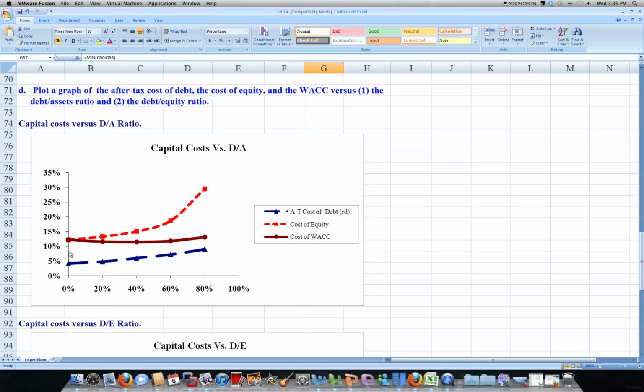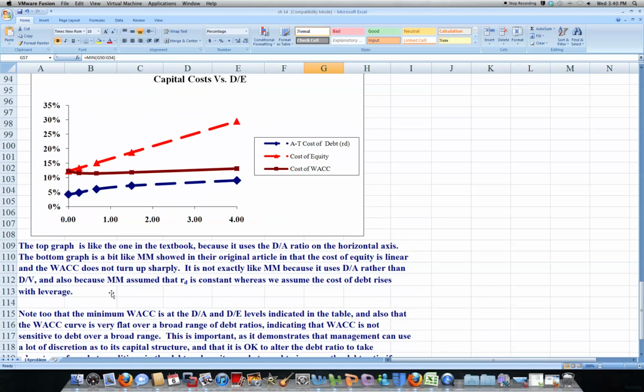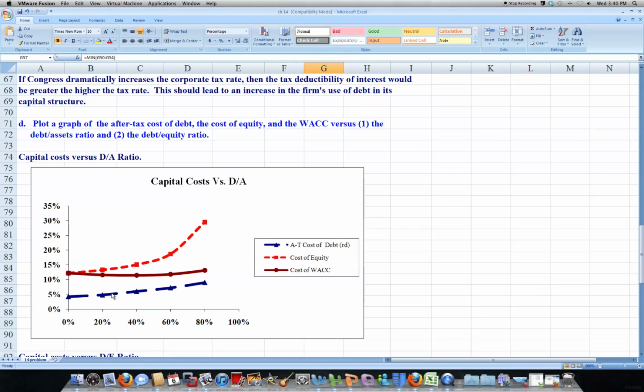You can see our cost of equity goes up as our equity increases, and you can see our weighted average cost of capital and our after-tax cost of debt. Do one for each one, and that's it.